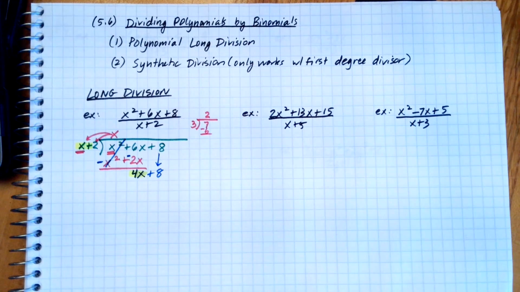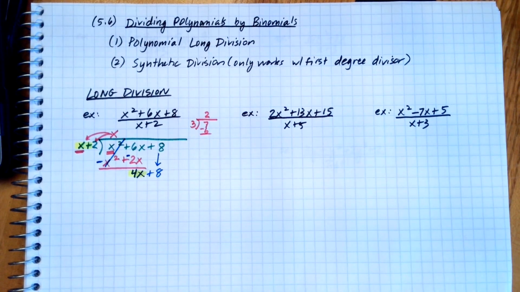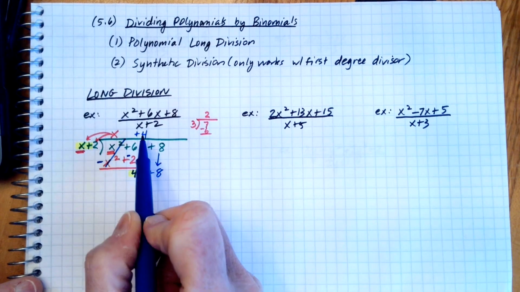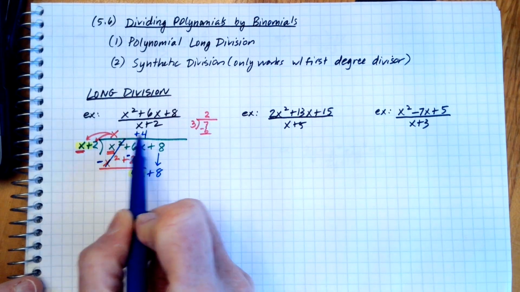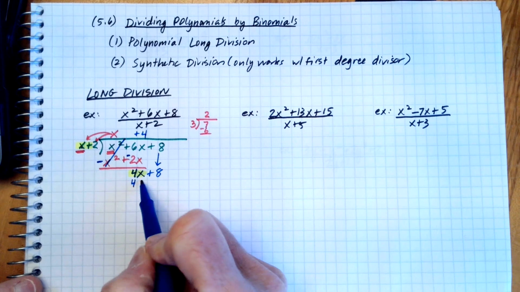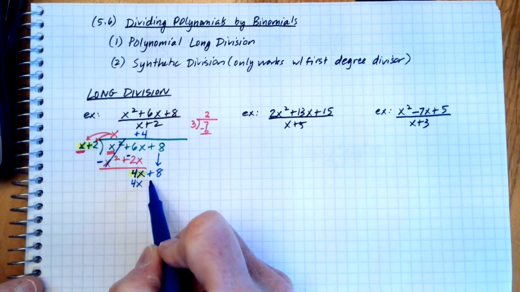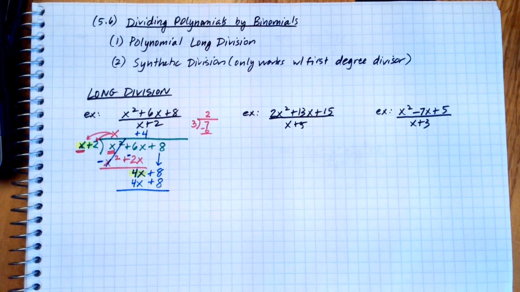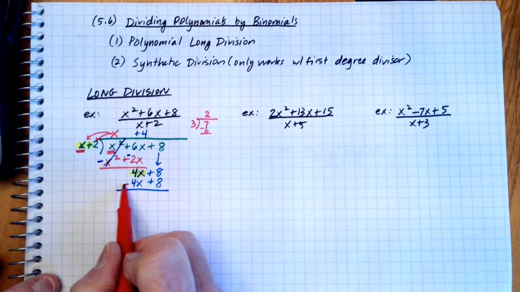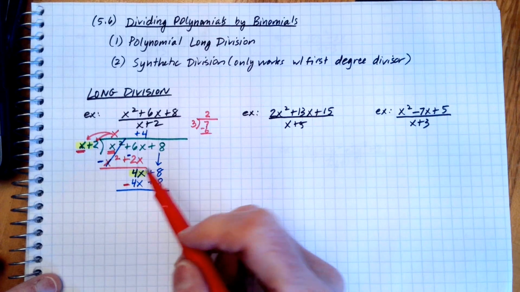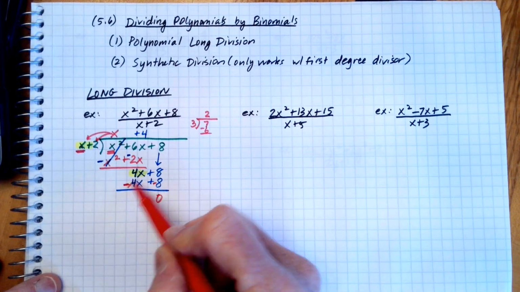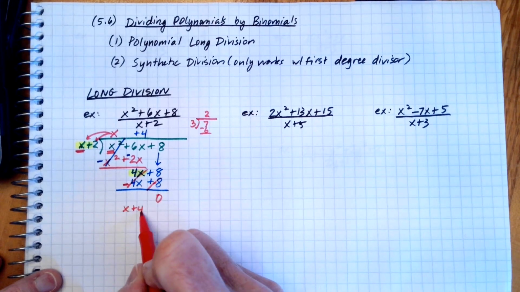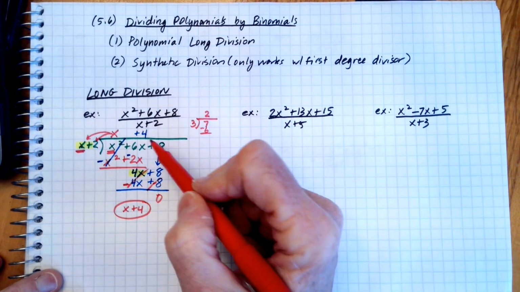I'm going to say what times x gives me 4x, and that's going to be 4. And then I'm going to multiply 4 times the divisor. So 4 times x is 4x. 4 times 2 is 8. Then I'm going to change the signs to their opposite, so make it minus 4x and minus 8, and combine. And when I do, I get 0. They both cancel out. So my answer is x plus 4, which is right up top.